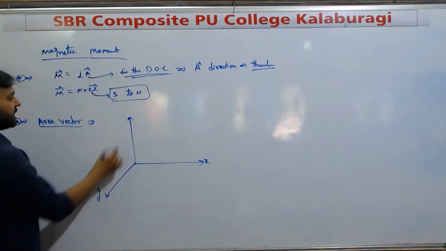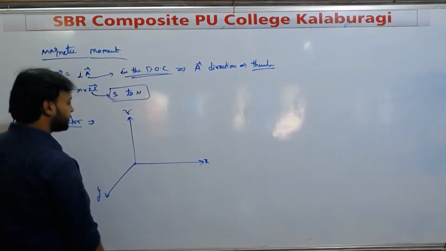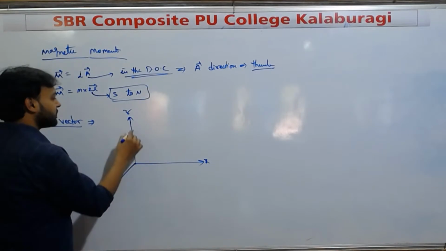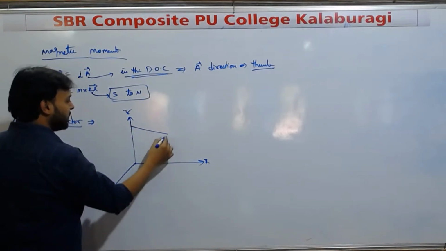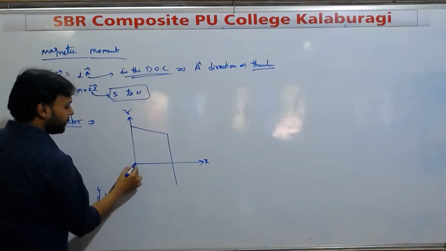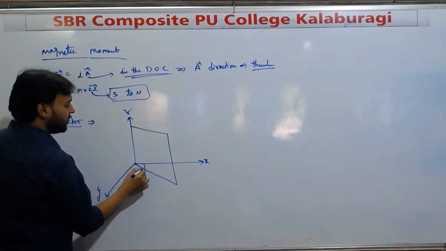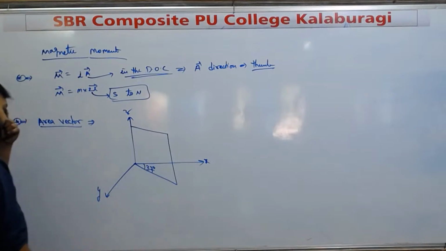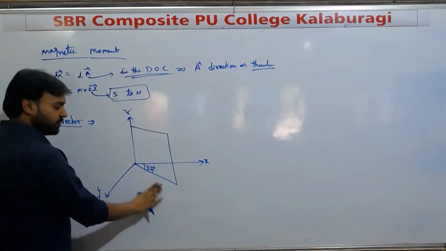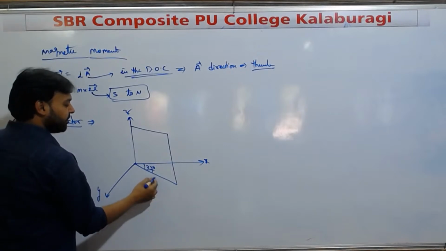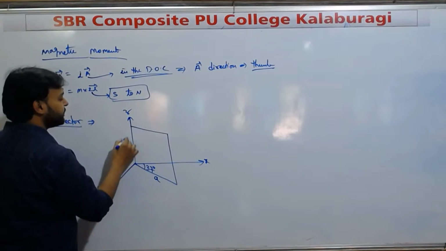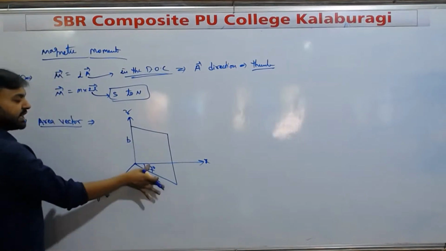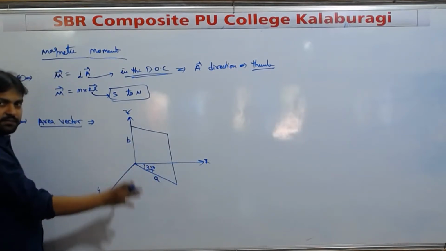X, Y, Z. That is how I think we know, right? Now, 30 can I take? Happy with 37?